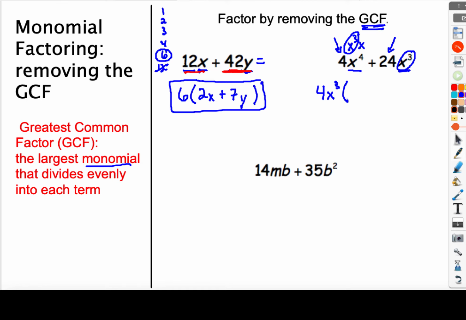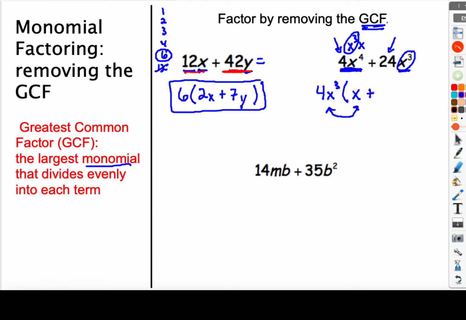And now we need to figure out what would I need to multiply times 4x to the 3rd to give me 4x to the 4th. Well, I divided out the 4, and I divided out 3 x's, but I need that 4th x. And isn't 4x to the 3rd times 1x the same thing as 4x to the 4th?